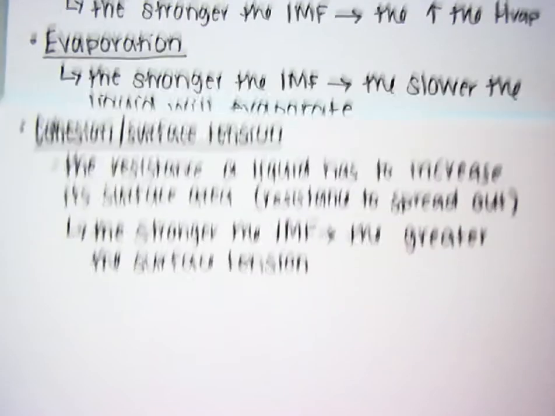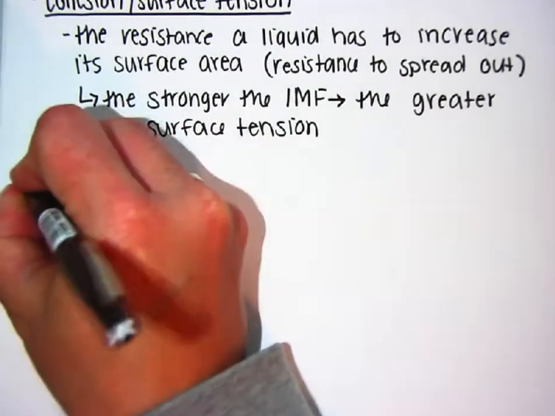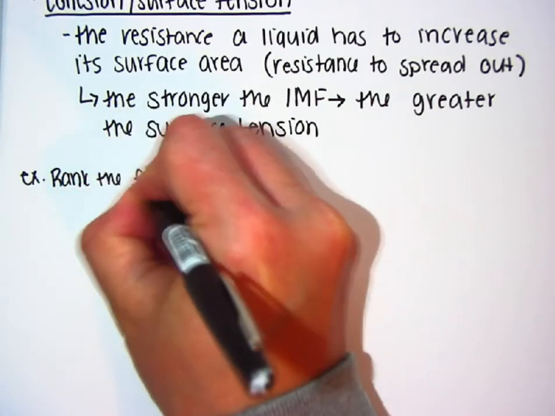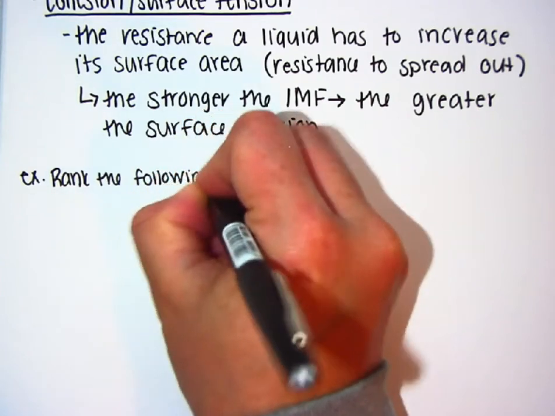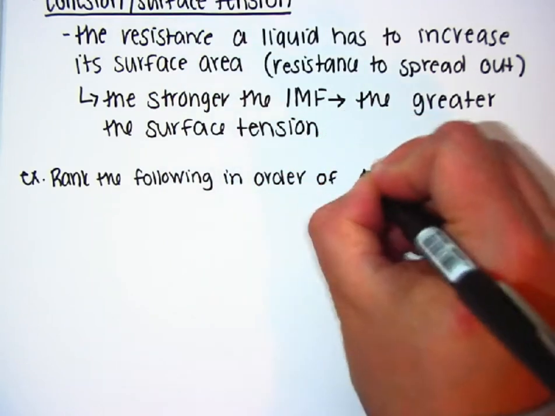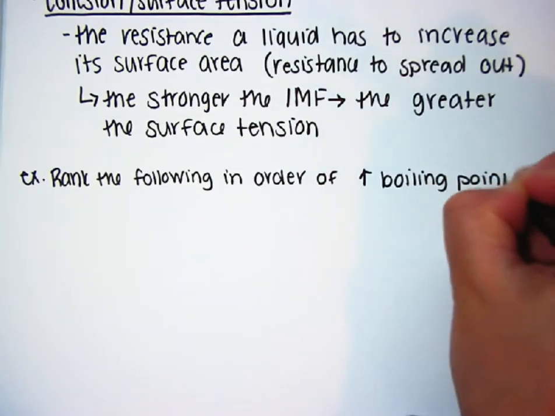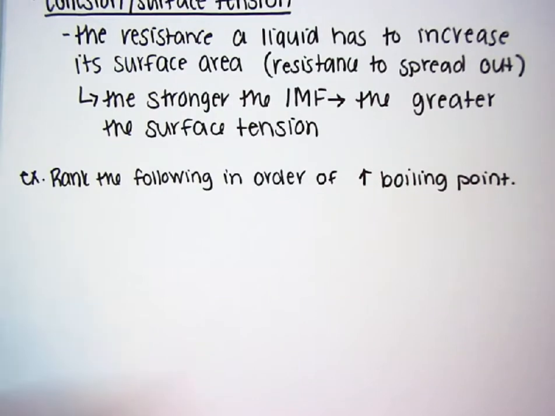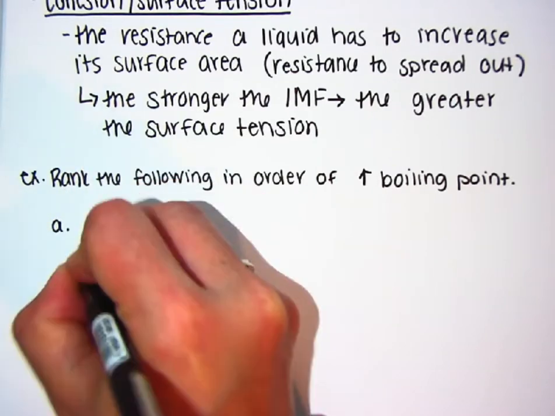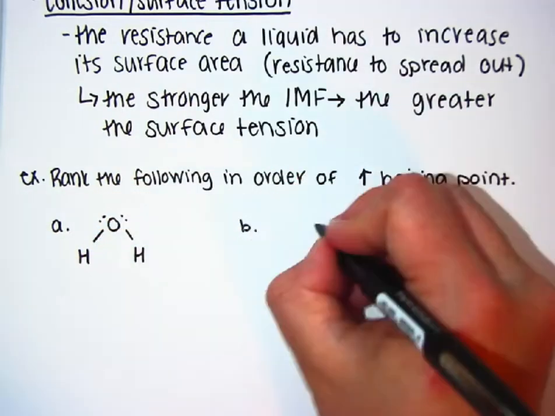All right, so last thing for today is let's look at a few examples. Let's rank the following in order of increasing boiling point. So let's say I had water. Let's say I had methane.